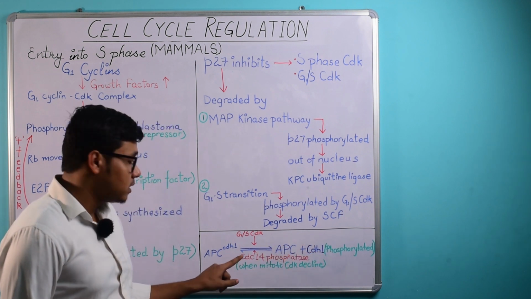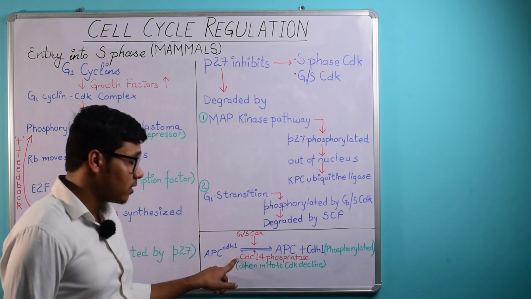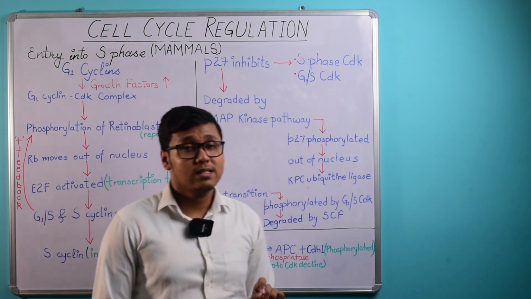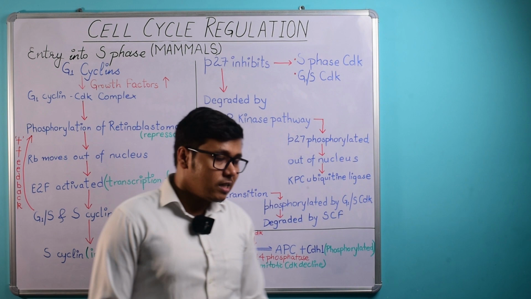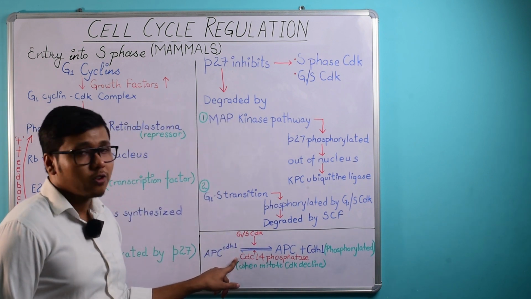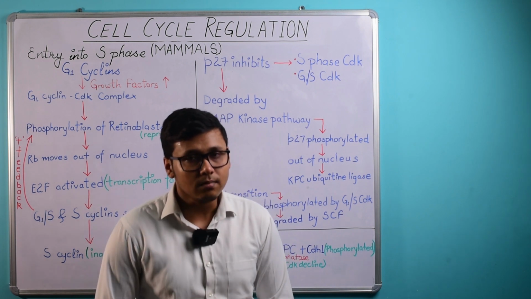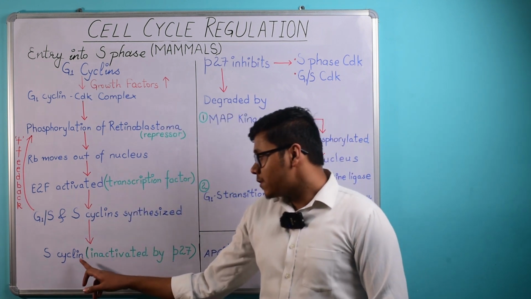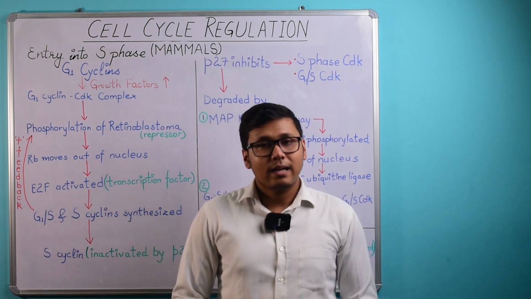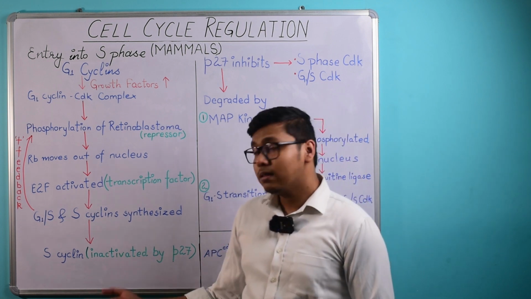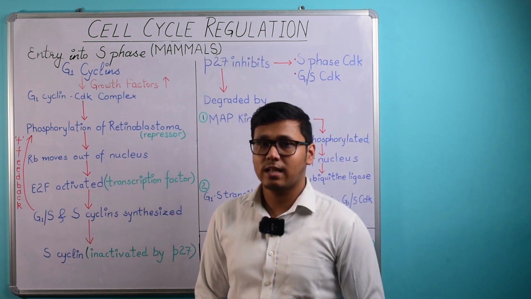Just keep in mind that CDC14 phosphatase works only in case of yeast, not in case of mammals. There is a phosphatase that works in the case of mammals, but the name of that phosphatase is not known yet. So the S phase cyclins are now free, and they will help in initiation of replication as well.